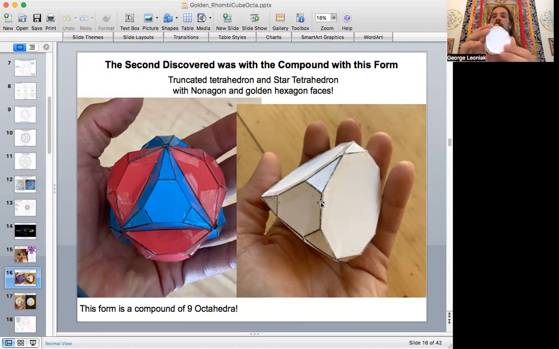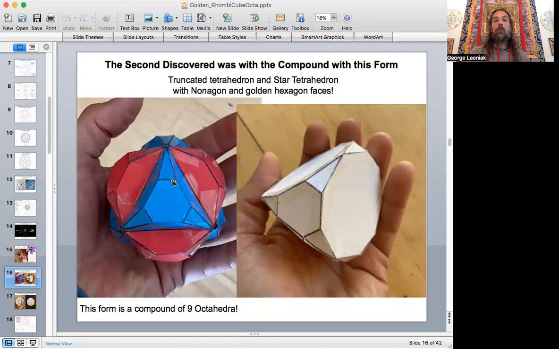This nonagon face is within a triangle, and if I truncate a tetrahedron, let's say it was a big tetrahedron, with this nonagon face having 4 of those, it would create golden hexagons in the corners. So I compounded it together, a red and a blue one here, and that one created these hexagon faces in the 8 corners.